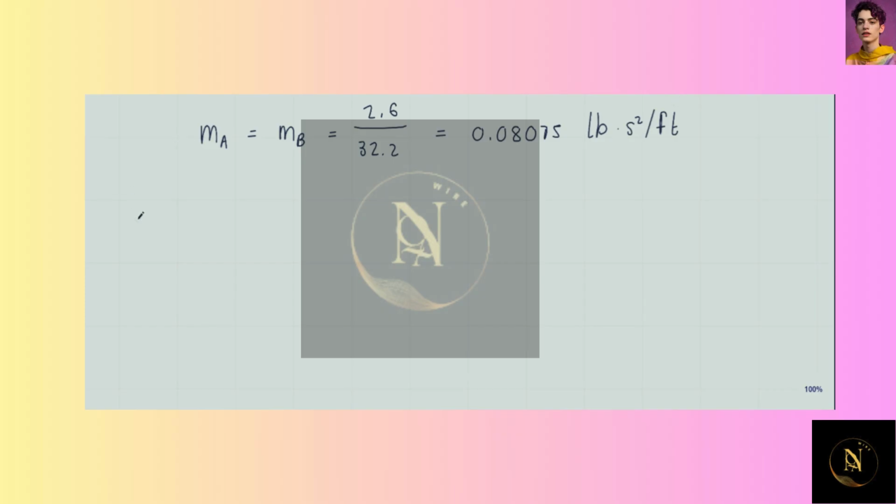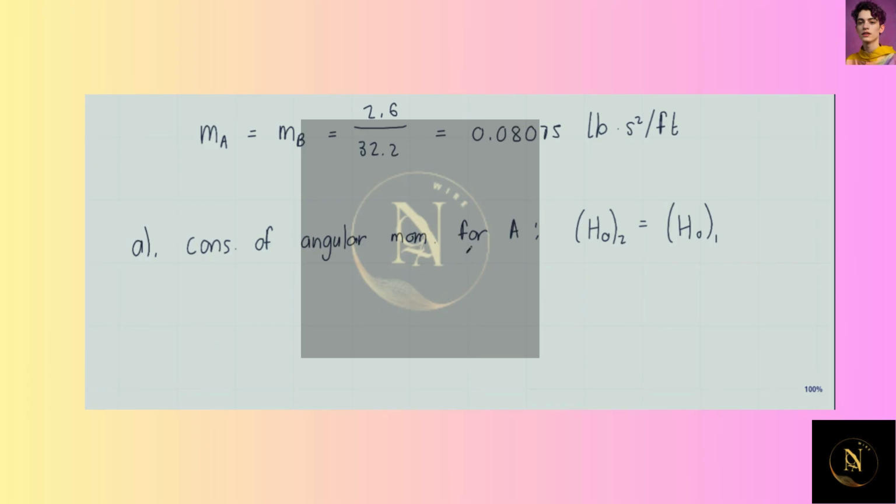Now, the first thing we'll do is apply the conservation of angular momentum for collar A. And this means that the angular momentum in state 2, when the cord breaks, should be equal to the angular momentum of the system in state 1, which is the initial state of the system.